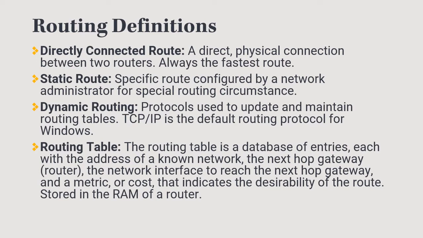Depending on the dynamic routing protocol that you're using, each of that information is going to be weighed differently. But basically the routing table is just a list of possible paths that your information could take as it's being routed to different destinations, and your computer will use that information to decide which path is best.